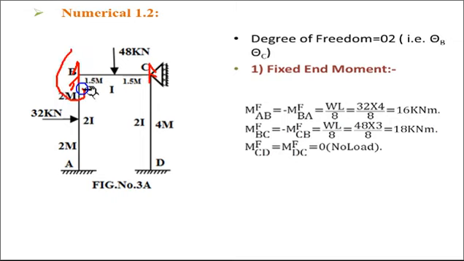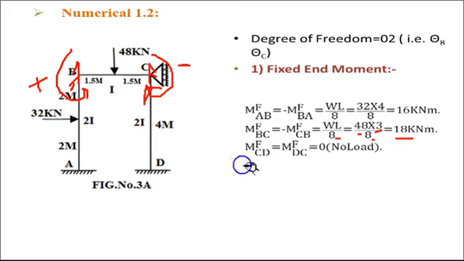Now calculate fixed end moment at B and fixed end moment at C. At B it is anti-clockwise, that means you have to consider it as positive, and at C it is clockwise, so you have to take minus. So loading is symmetrical, so formula remains same, WL by 8. W is 48, L is 3, divided by 8 is equal to 18 kilonewton meter.